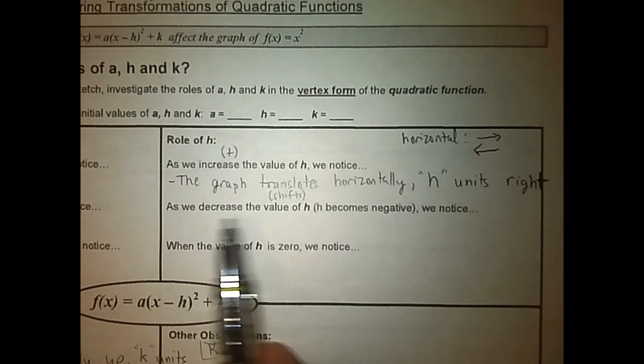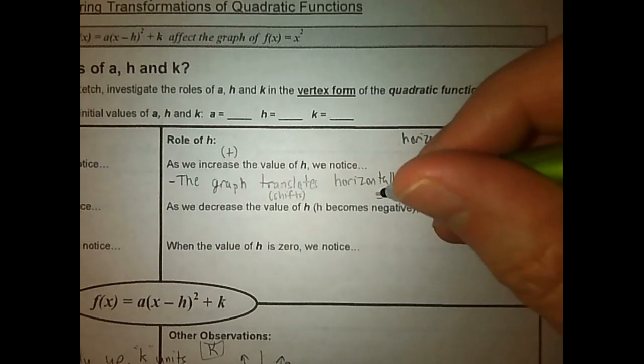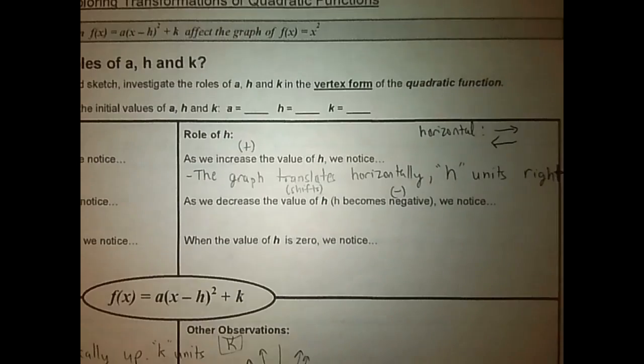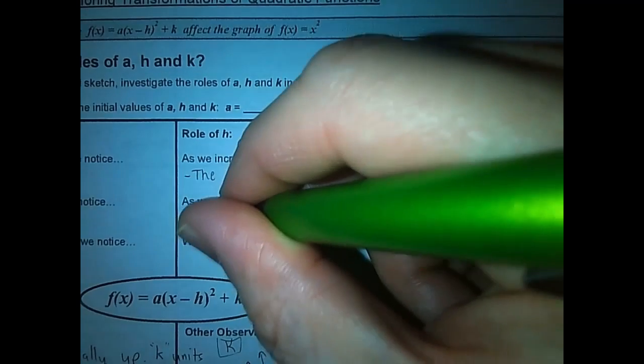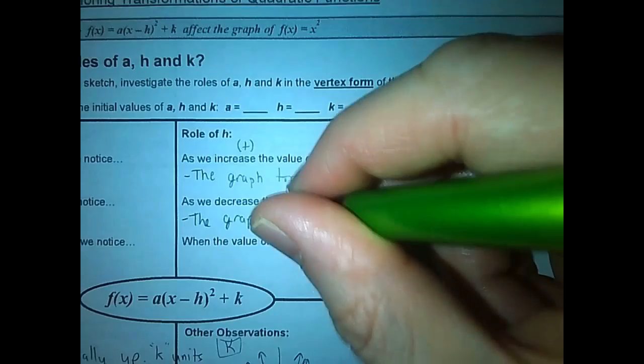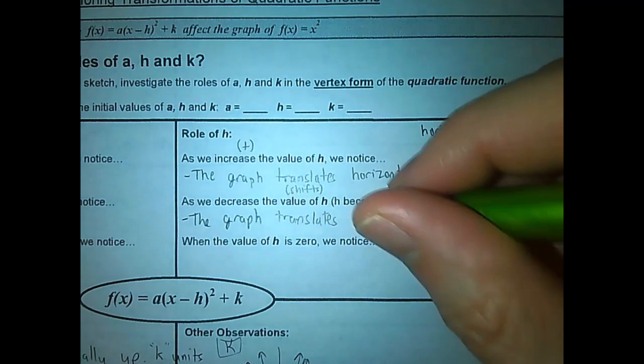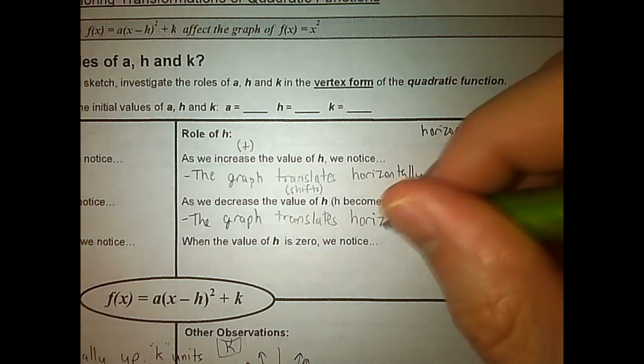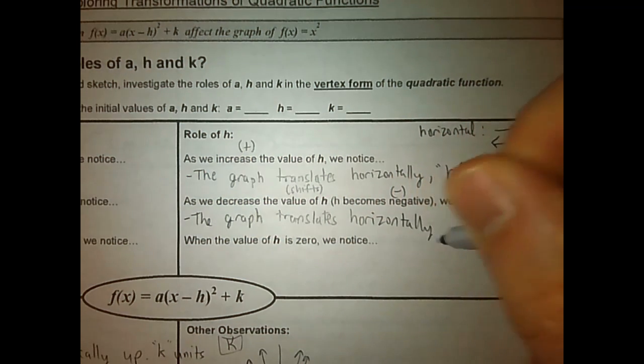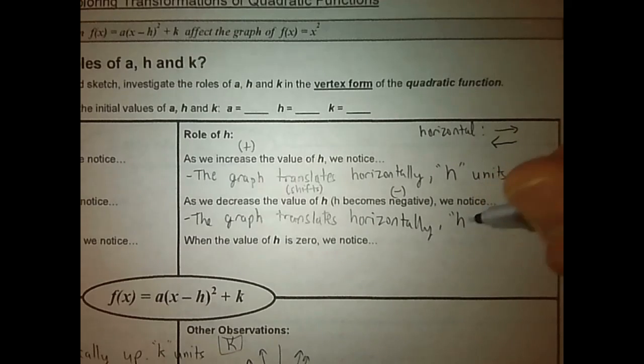And then if h is a negative value, well, we're going to expect it to go in the negative direction, which would be to the left. So we can say the graph translates horizontally h, again, just some number we don't know, units, and since it's negative, we're going to move to the left.